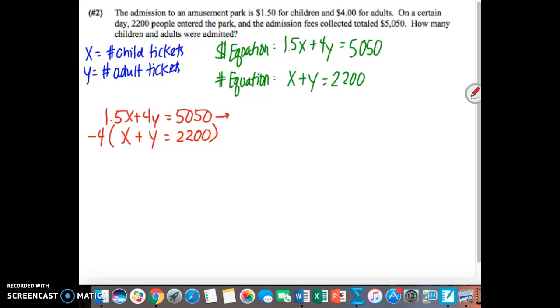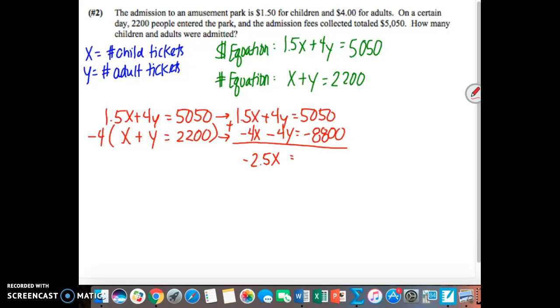So our top equation will stay the same. We'll still have 1.5x plus 4y equals 5,050. But our bottom equation will become -4x minus 4y equals -8,800.